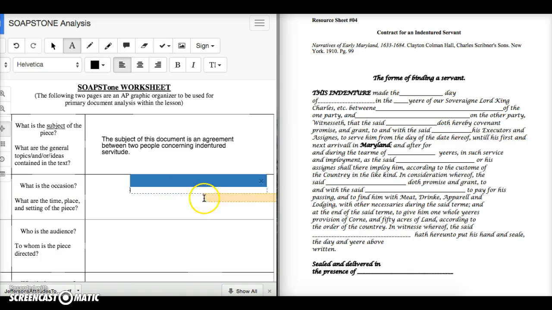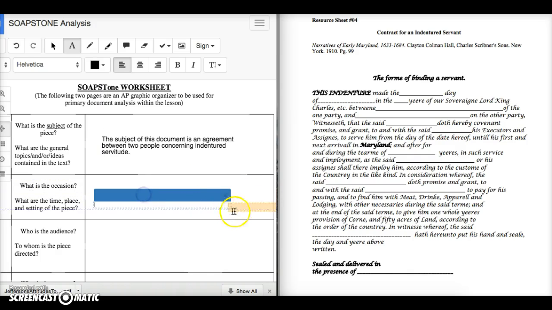Our second box that we're going to fill in wants to know the occasion. So what are the time, place, and setting of the piece? Well, it was written for the Maryland colony.